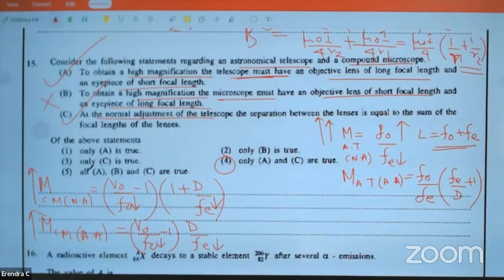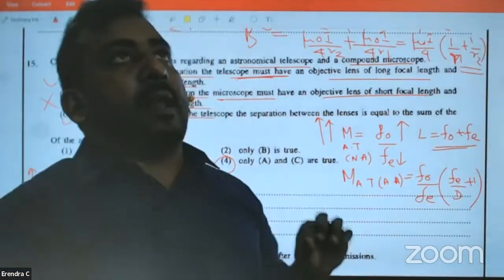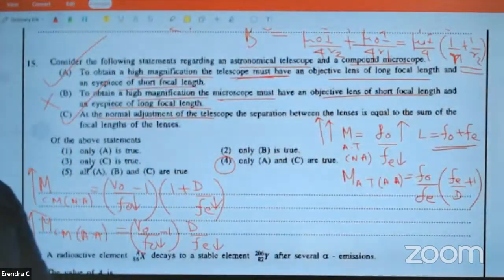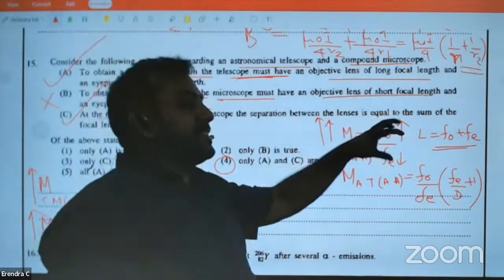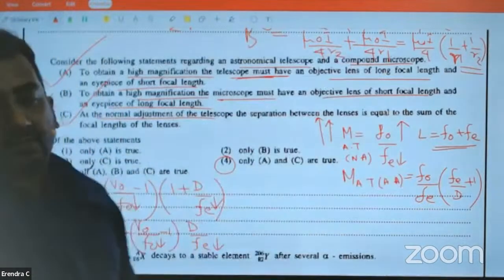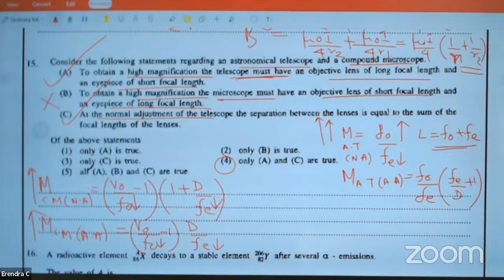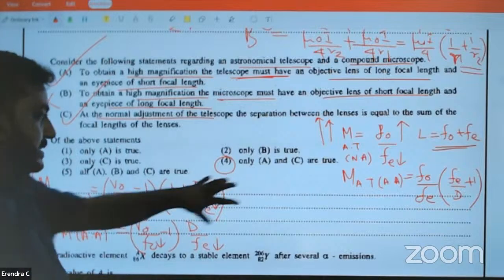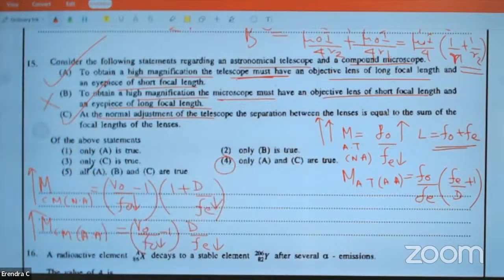Let's write this down. To obtain higher magnifications for a compound microscope, the focal lengths of both the objective and the eyepiece must reduce, as indicated in the following equation.